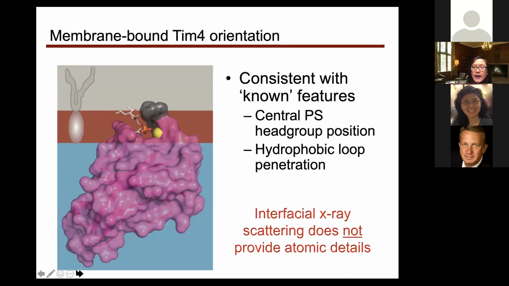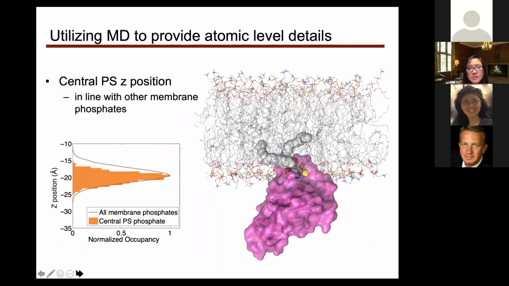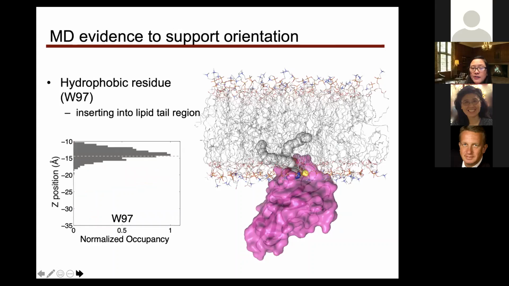So the third leg of this self-consistent loop of informing the interactions comes in with MD simulation. Without going through the detail, we have reproduced various conditions where we look at how the positioning of the PS is in relation to the protein and the binding pocket.